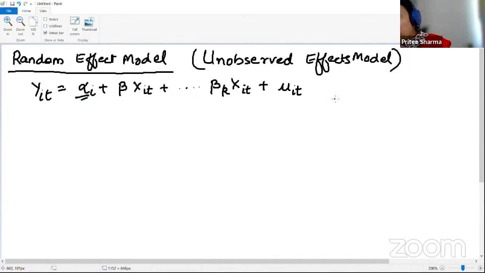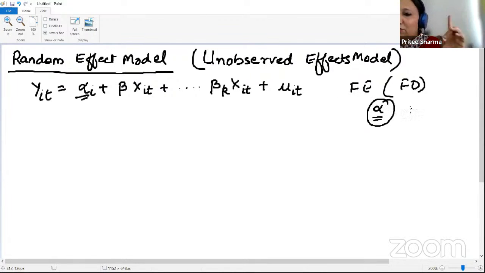Now, when we were using the fixed effect, and in that we also did fixed effect and first differencing, in the fixed effect or first differencing method, our target was to eliminate the alpha. You remember where we left our discussion was that this alpha is correlated to the explanatory variables.